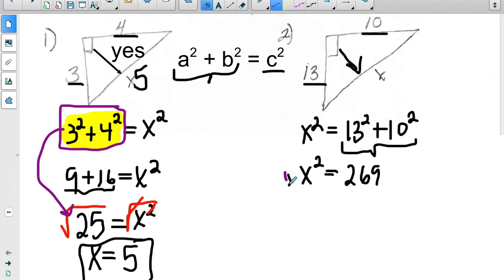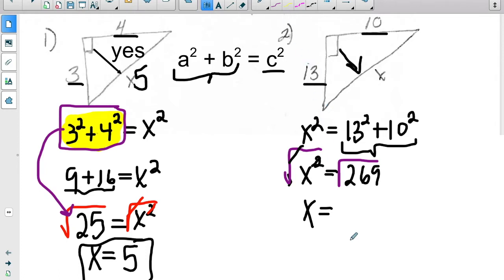Now at this point, we can take the square root of both sides, because the square root and square would cancel, giving us x by itself is equal to. So now we need to take the square root of 269. On the yellow calculators, the TI-30XS, the ones that y'all have, you can just type in the square root of 269 and it will give you your answer.